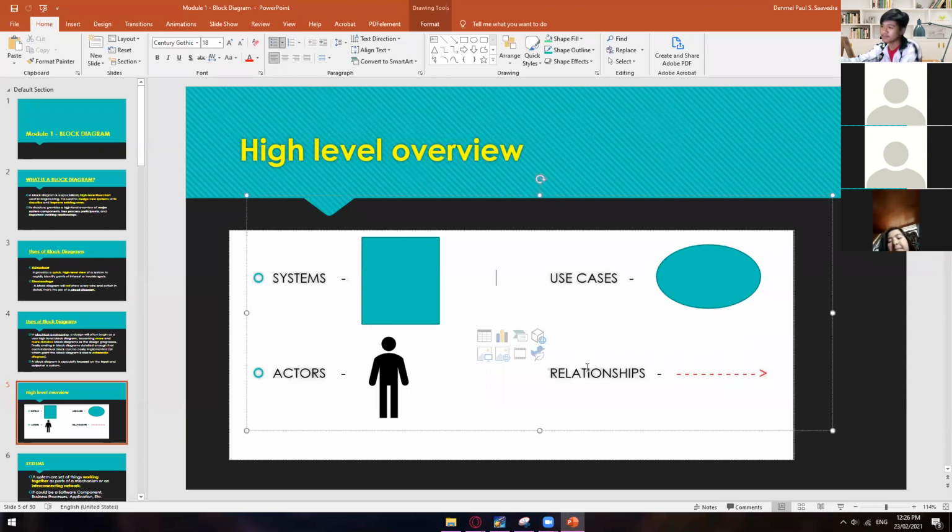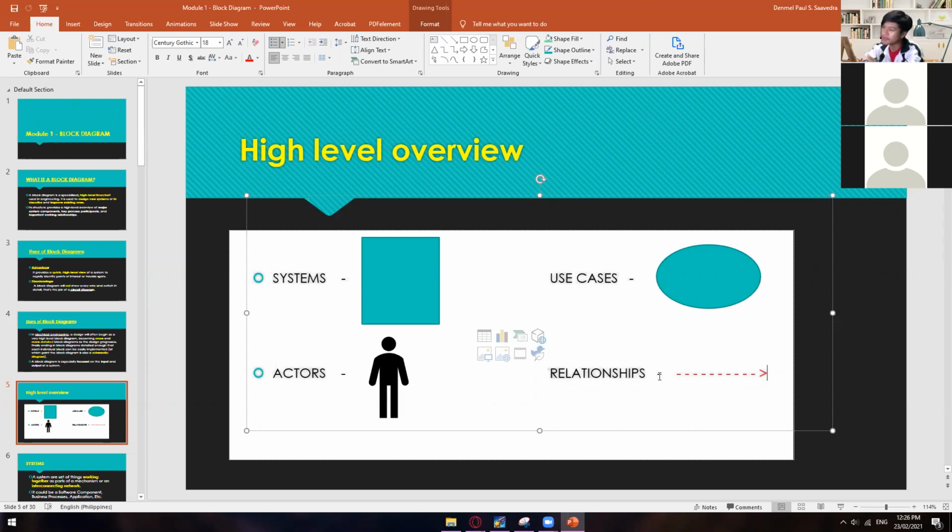And then relationships. We actually have a lot of kinds of relationships. This one is the included, or extension, relationship. It may be quite difficult to understand what is included, so I'll just discuss it later on.